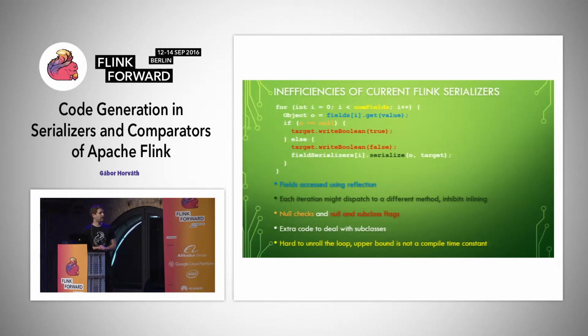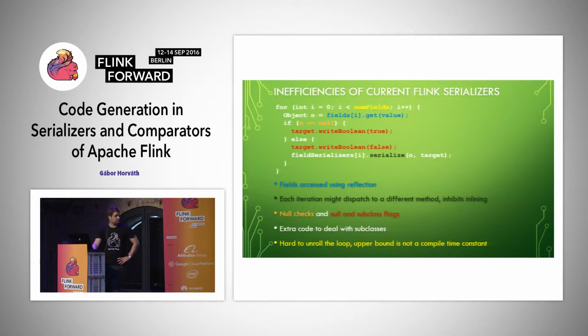Also, there are some null checks and null and subclass flags involved, even when we are working with primitive types that cannot be null. And we also try to deal with subclasses when we are dealing with final Pojos.